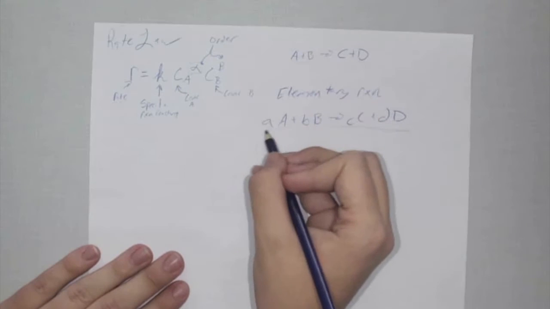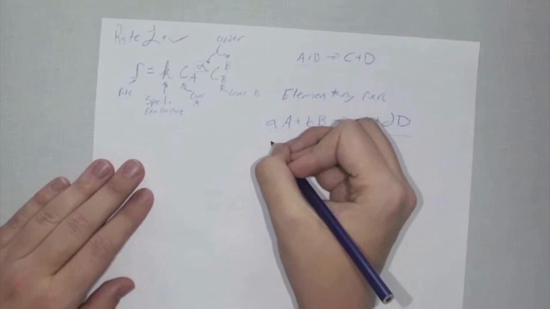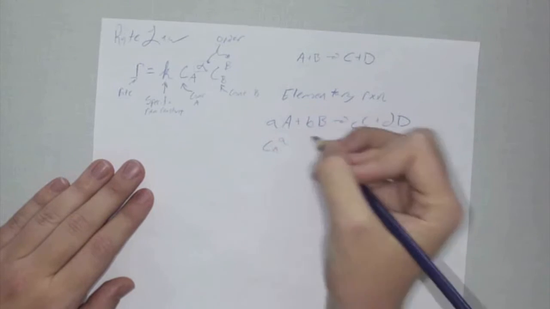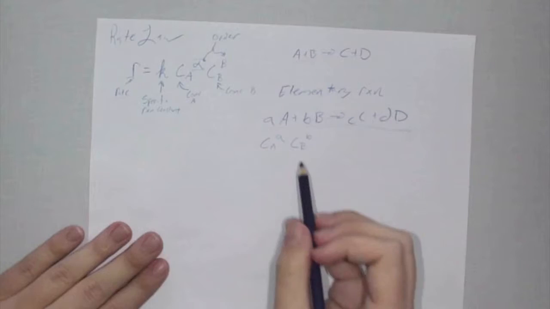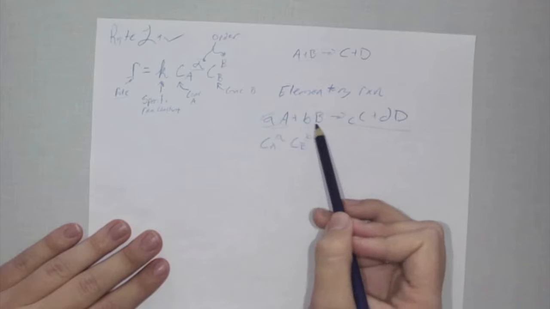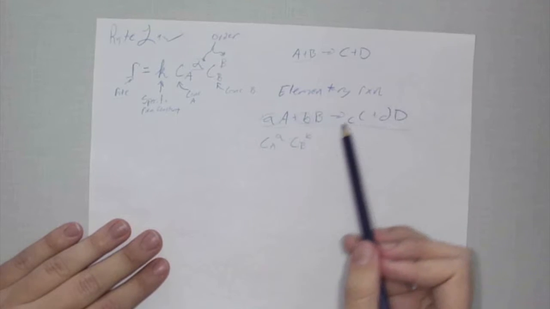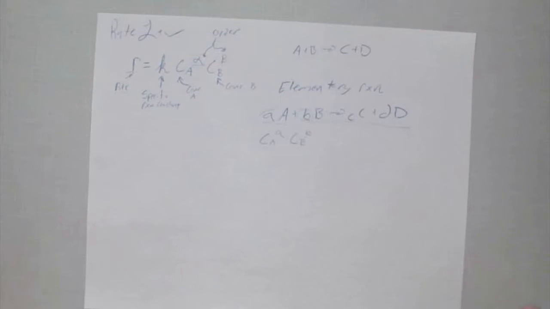We just now have some stoichiometric coefficients in here. If this is indeed an elementary reaction, we know that Ca is of ath order, and we know that Cb is of bth order. And this can go for any numbers of order you have there based on your stoichiometric coefficients here. So if we have this elementary reaction, it is much easier for us to find the order than needing to do this all experimentally.